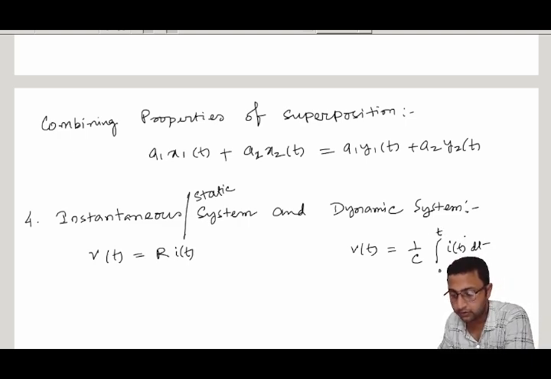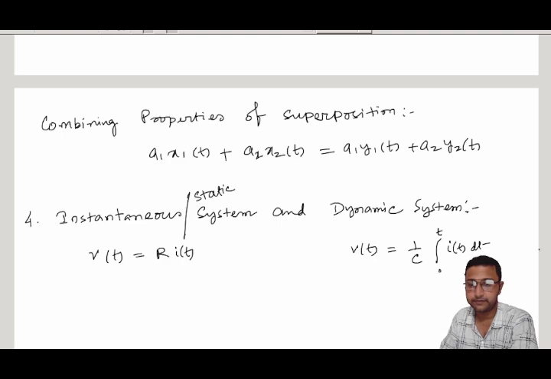This is already known to us. So this system is called a dynamic system. This is the basic difference between an instantaneous system and a dynamic system.